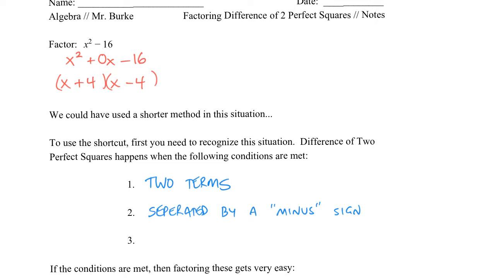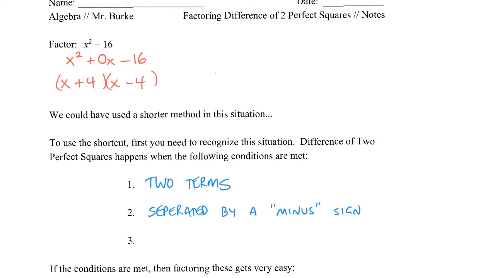And then the last thing I want you to notice is that x squared is a perfect square. Remember, a perfect square means that something times itself will give you that. So with x squared, it's x times x. With 16, it's 4 times 4.